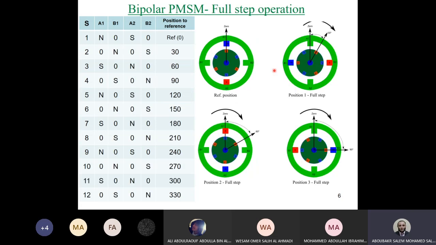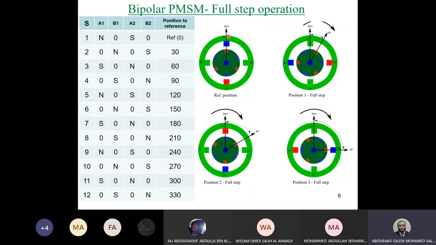For the bipolar motor, when we energize one complete coil, which is coil 1 for instance, which is wound on the pole A2, by the normal winding way, the coil is going to be wound on A2 in the reverse direction.